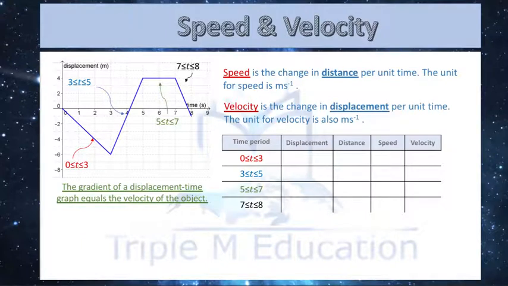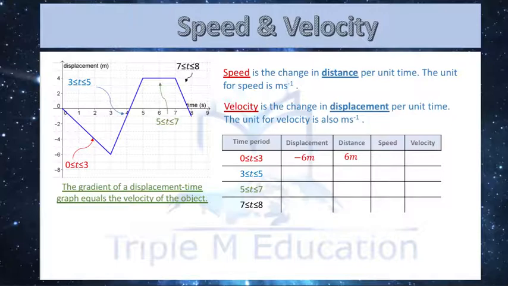The displacement between 0 and 3 seconds is -6, and that is because we start at our original position and we move 6 meters from that position in a specified direction. The distance covered in that time is simply a scalar quantity, 6 meters.